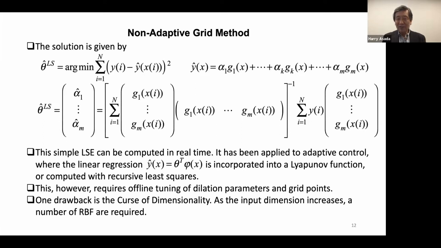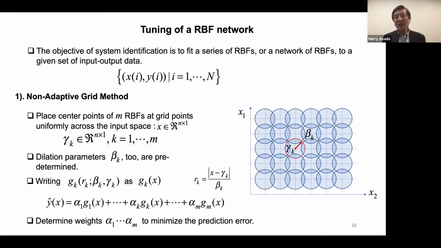So back to this. I just showed a two-dimensional input case, x1, x2. But suppose you have, say, a 5-dimensional input space. So you have to fill this tile in a 5-dimensional floor, right?